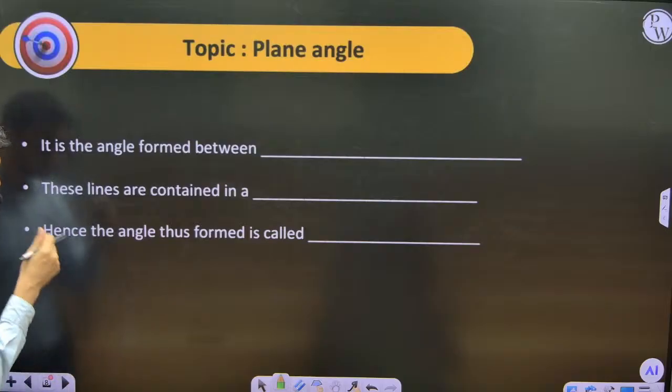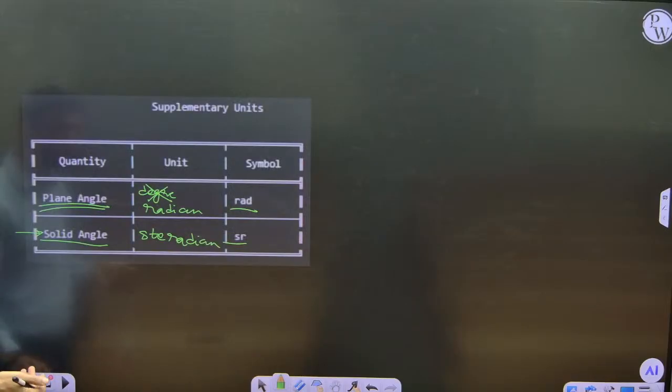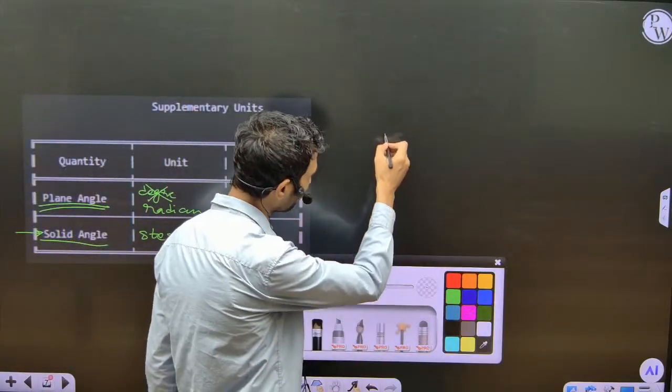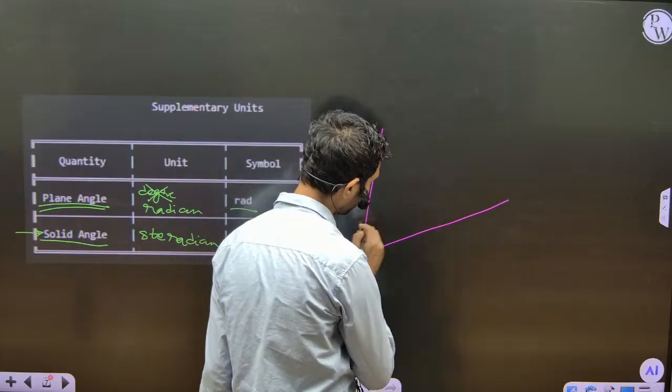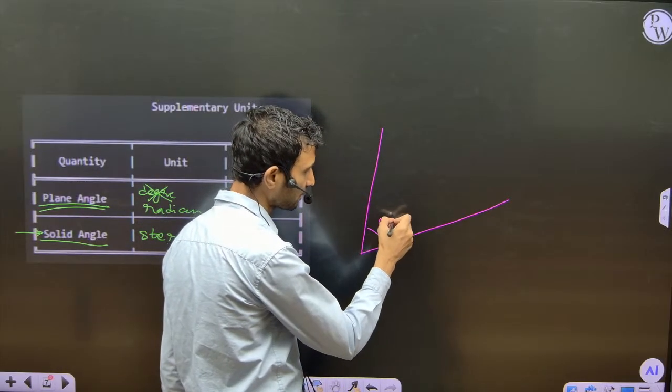Fine, so let's go ahead. Let us see what is plane angle. What you have been studying is plane angle. You draw two lines, they intersect somewhere, and the angle between them is represented as theta, and that's the plane angle.